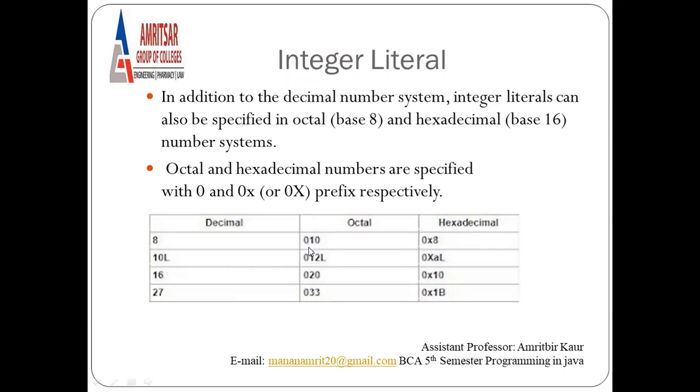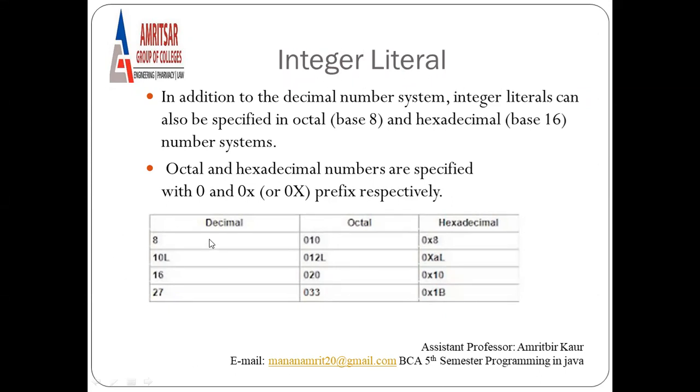The 0 denotes that this is an octal value. If we want to use hexadecimal, the hexadecimal value of 8 is 8, and we have to put 0x at the starting. So 0x tells the compiler that this is a hexadecimal value. So we can use decimal, octal, or hexadecimal format for our integer literal.